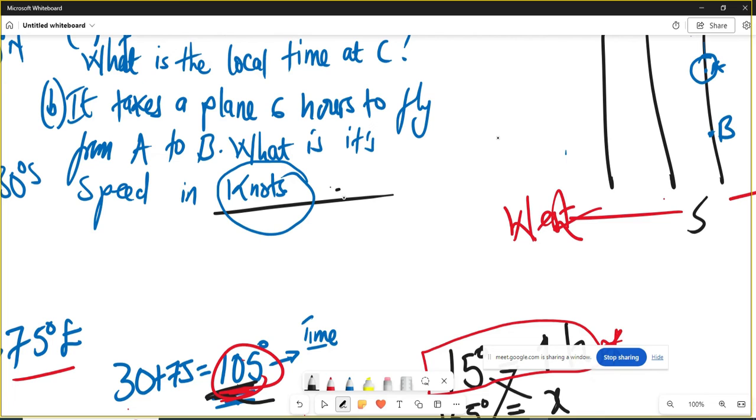When you do that, then you just convert that nautical mile per hour into knots. So with this information which I've given you, what we're supposed to know is the distance between A and B in nautical mile, not kilometer.